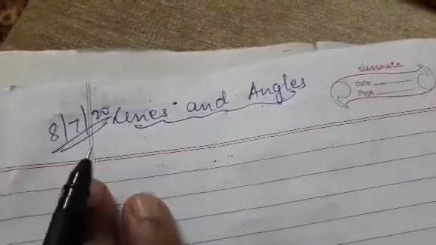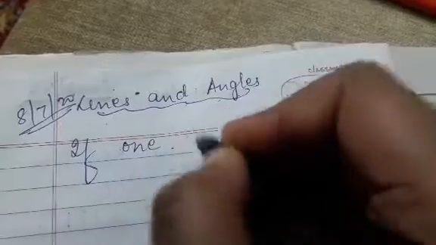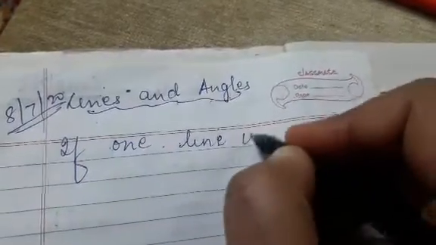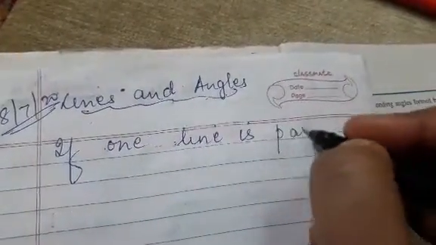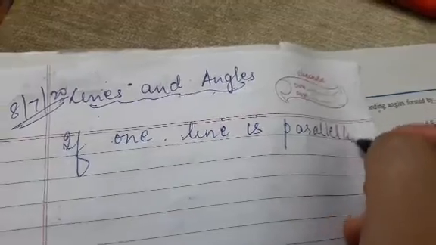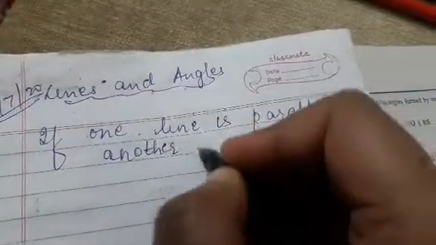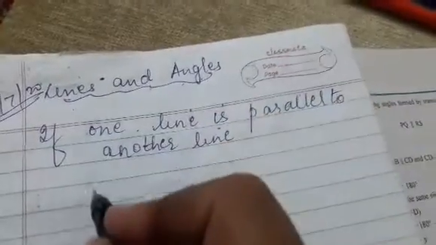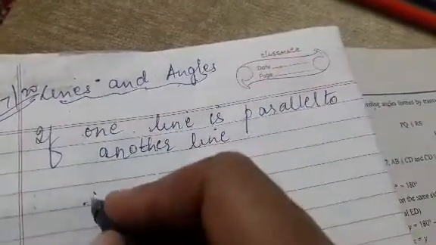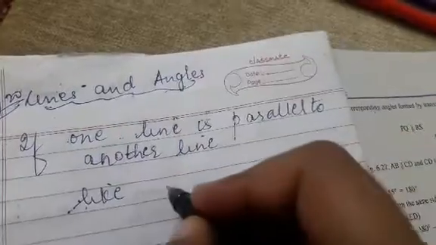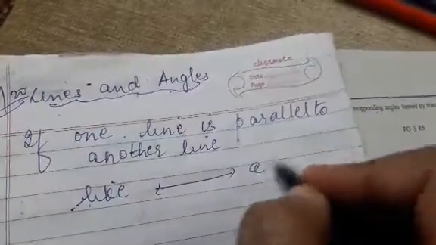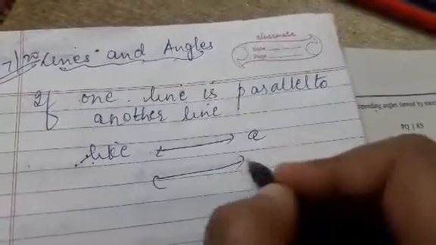One last property which was left was, if one line is parallel to another line, that is, like if I say this is a line A and this is a line B, right?